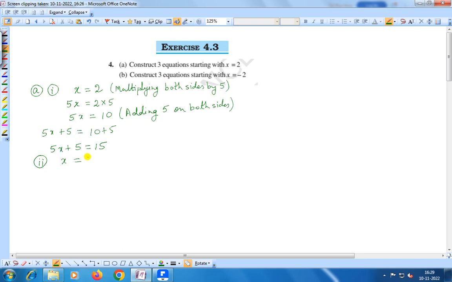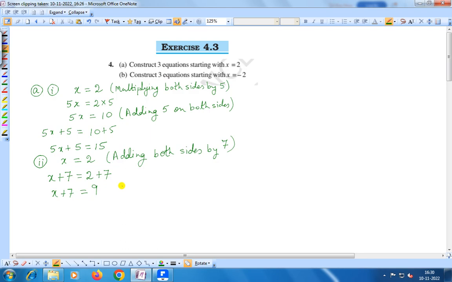to 2. Now adding 7 on both sides, what you are getting, x plus 7 is equal to 2 plus 7. That comes to x plus 7 is equal to 9.